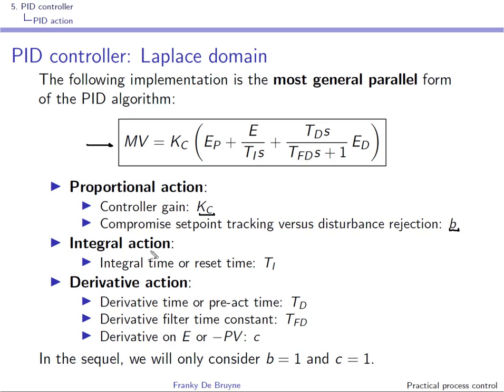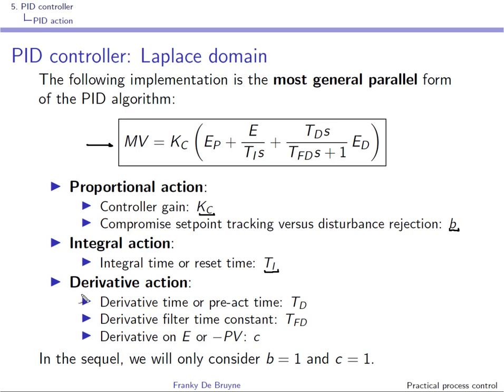The integral action, of course, is used to obtain a zero steady state error, and typically Ti, the integral time constant, is chosen as a value that is roughly the main time constant of the process.